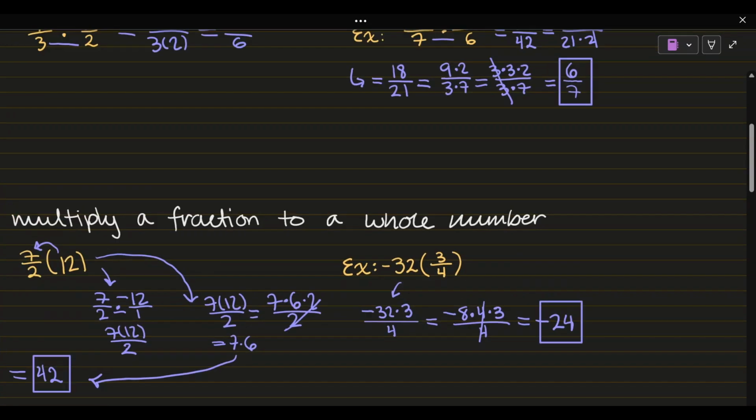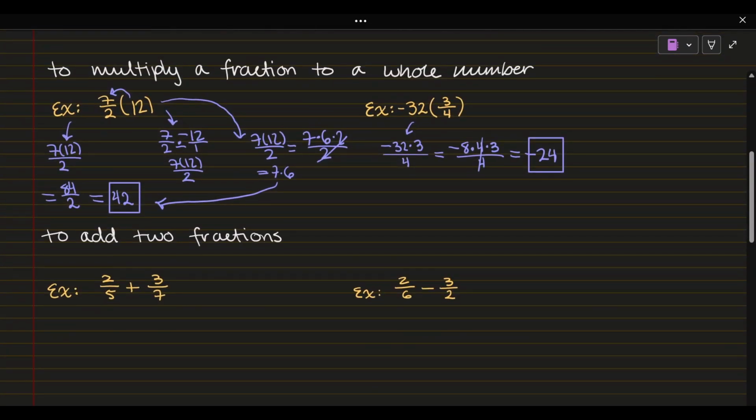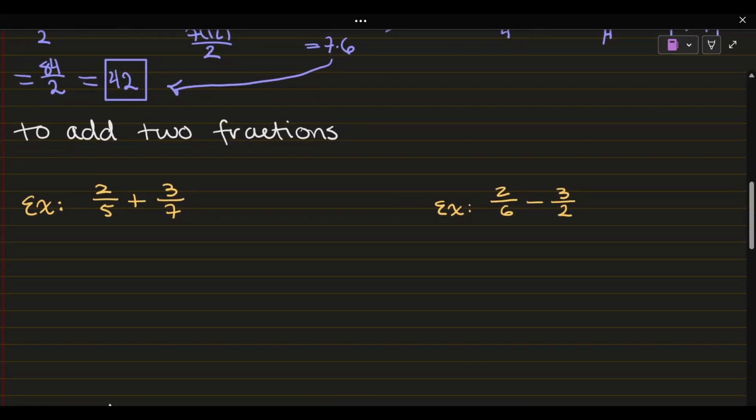Okay. Now that we have a good idea about multiplying fractions, let's look into adding two fractions. To add two fractions, we have to give them a common denominator. The way we do that is by multiplying each of these fractions by something over itself.